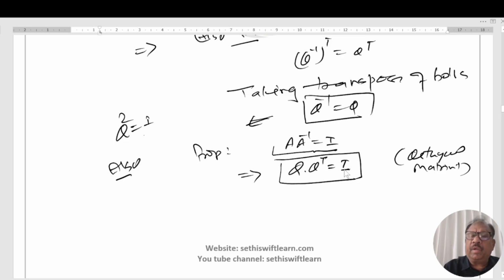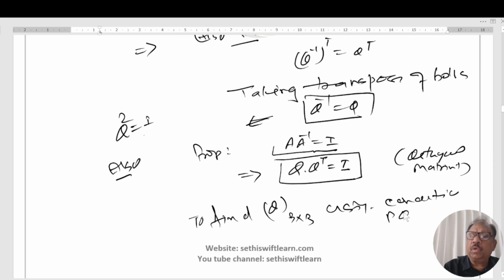Now we will consider the matrix Q. To find the matrix Q of order 3 by 3, we use the condition PQ equal to QP. Now let's move further.